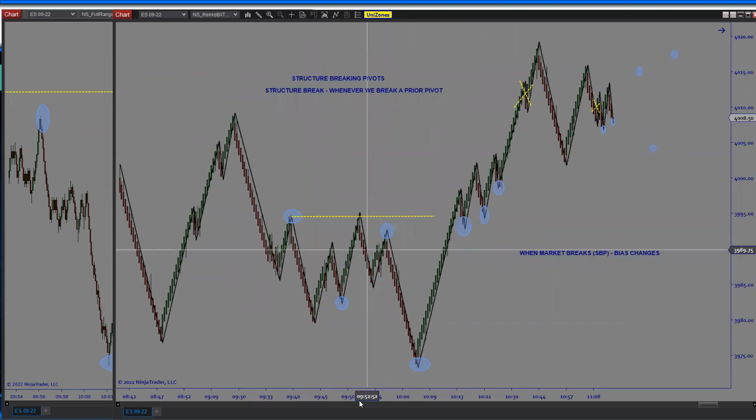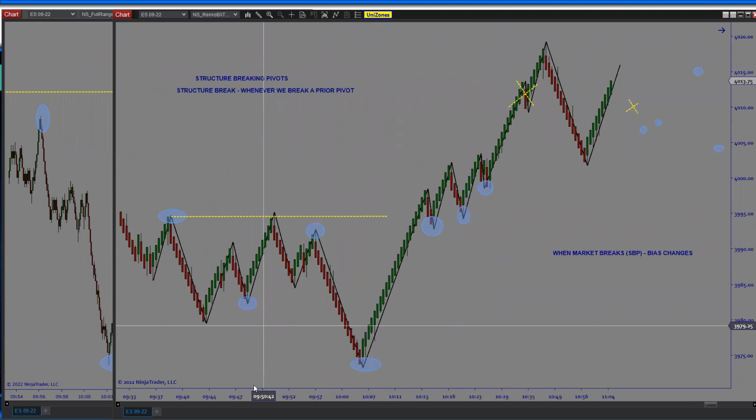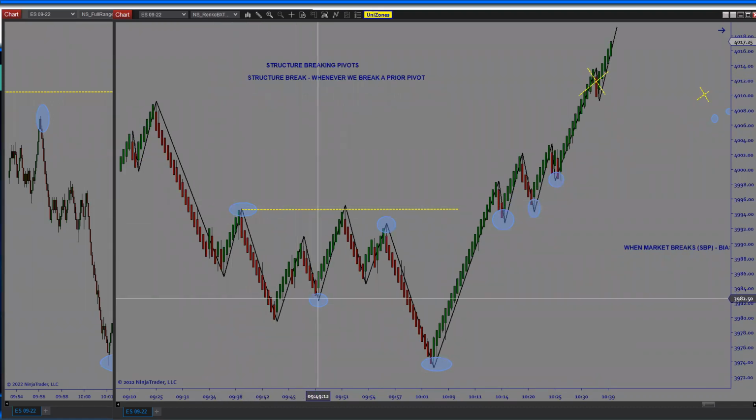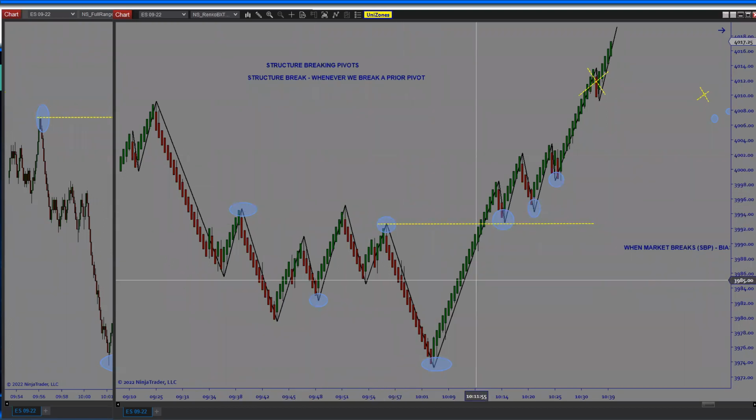Our bias doesn't shift until we close above a structure breaking pivot. So in this case, our bias is still to the downside until we can break above a structure breaking pivot, which happens right here.